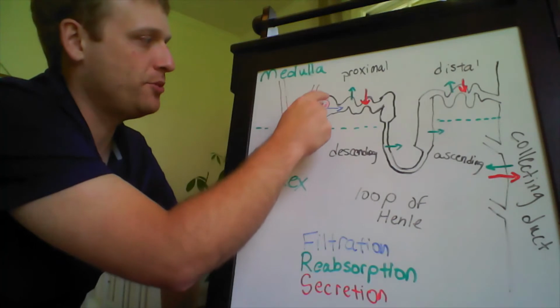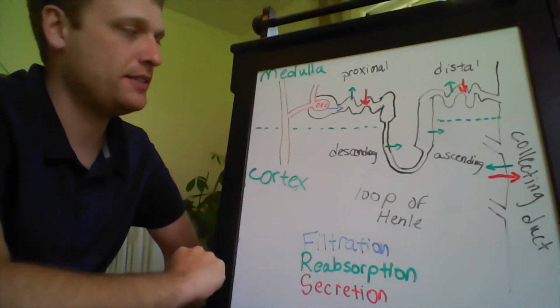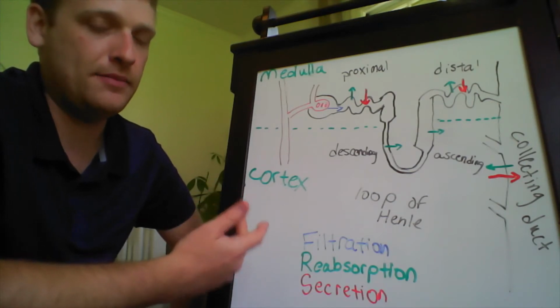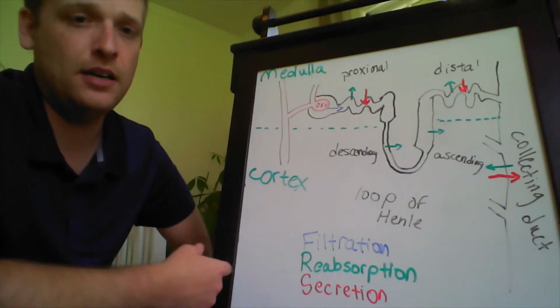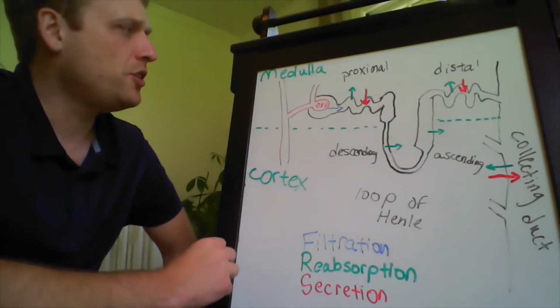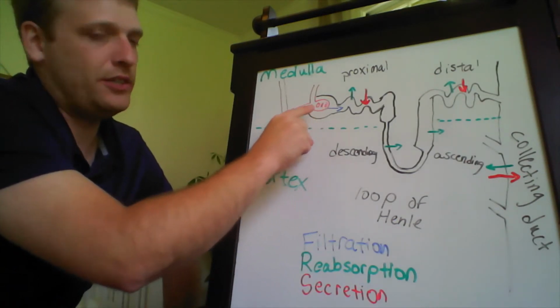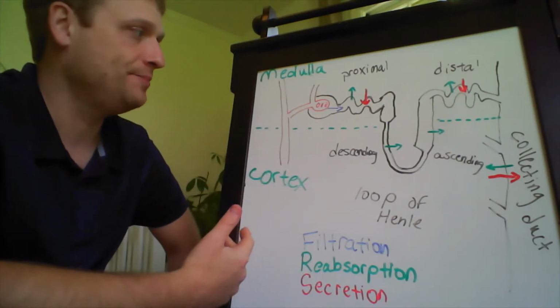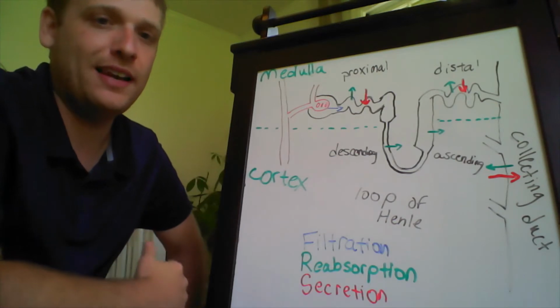So Bowman's capsule surrounds the glomerulus. And this is where ultrafiltration of blood takes place. And ultrafiltration just means to filter out things that are pretty small. So the filtrate that's filtered out of blood is going to enter the nephron.